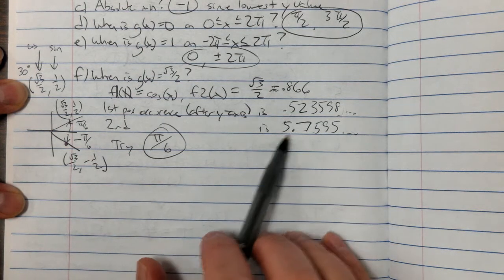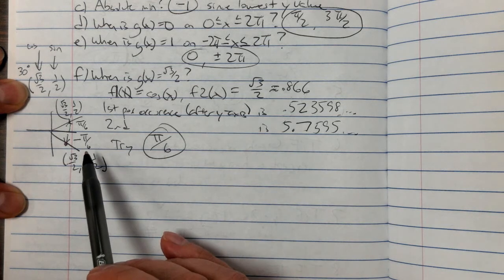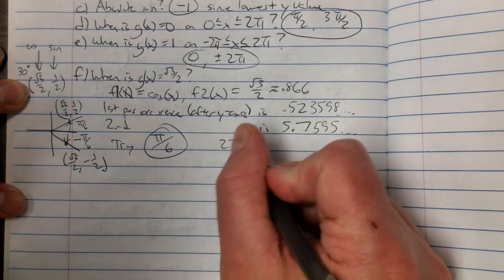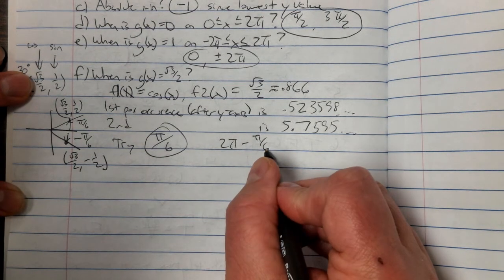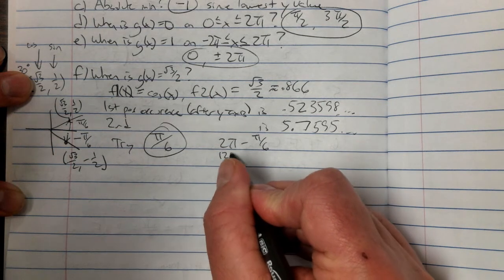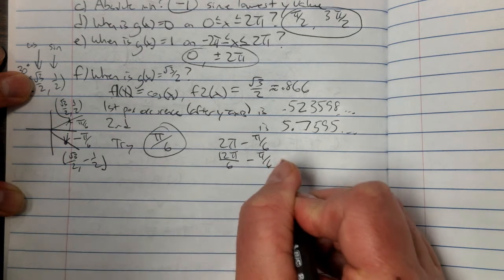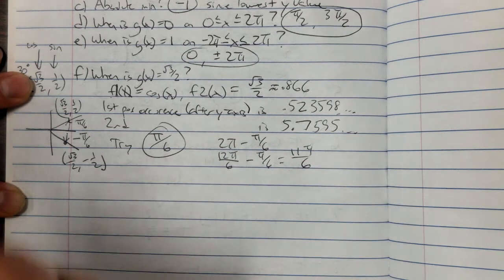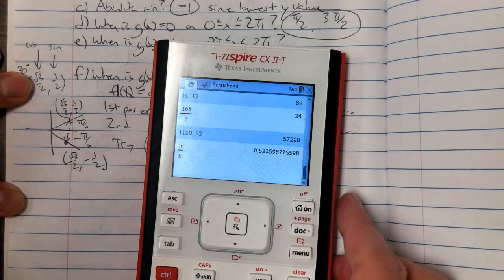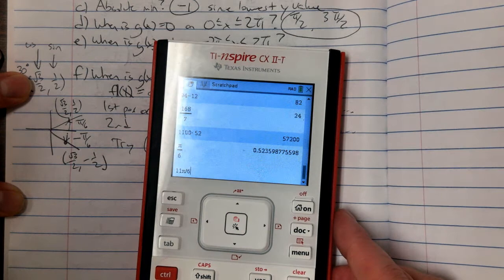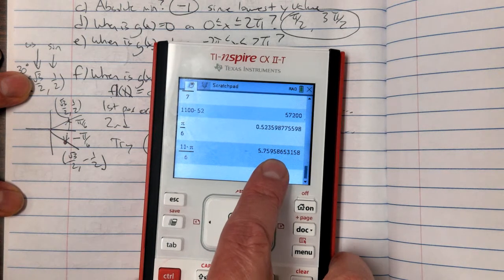Now obviously this is not a negative number, but if you do your 2 pi minus pi over 6, you have a 6 here, so we need to make that 12 pi over 6 minus pi over 6. That's 11 pi over 6. Pi over 6, control enter. Sure enough, it does give us the 5.759 that we were looking at.